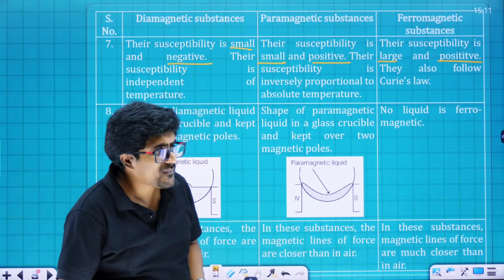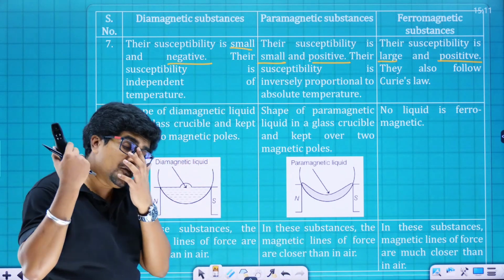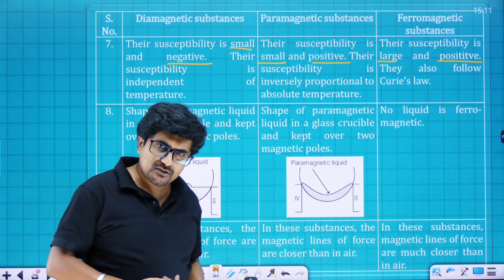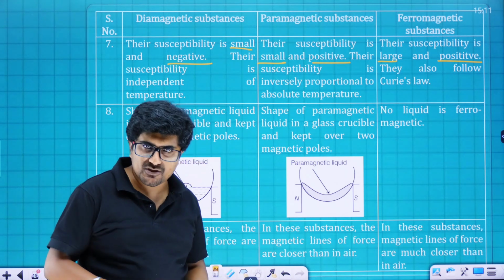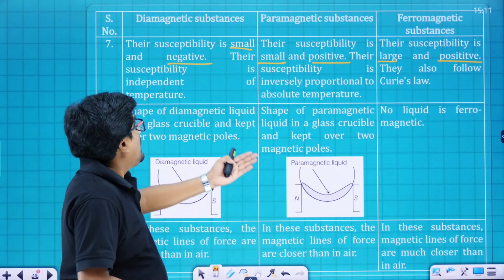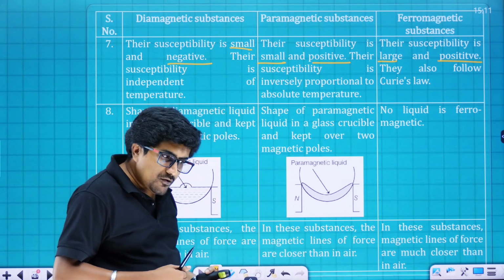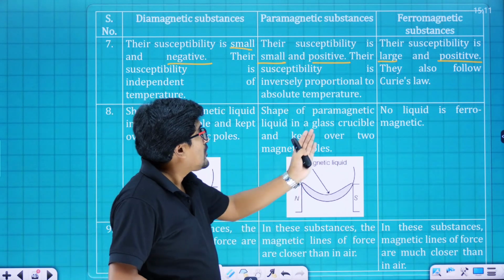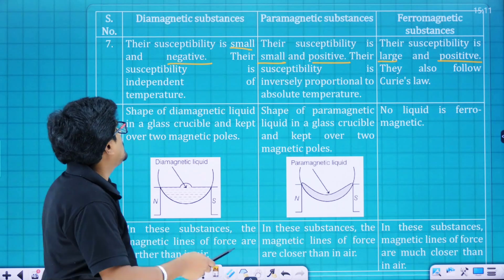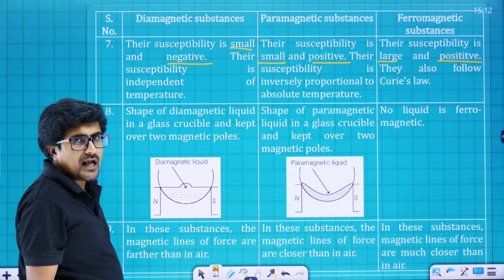So how to connect this is the very first thing that I told. Diamagnetic material gets magnetized in the opposite direction. Para and ferro get magnetized in the same direction. Dia was getting feebly magnetized in the opposite direction. Paramagnet was getting feebly magnetized in the same direction. Ferromagnet was getting strongly magnetized in the same direction. So the same thing that we are telling here as well.